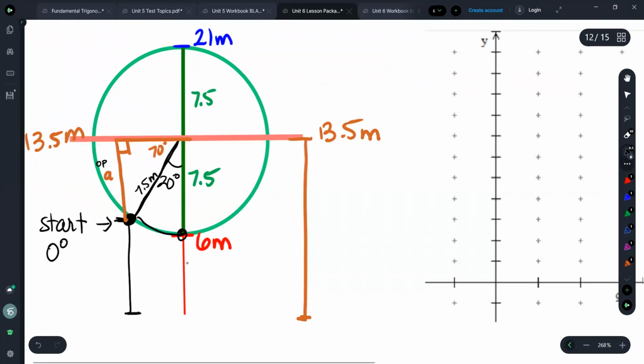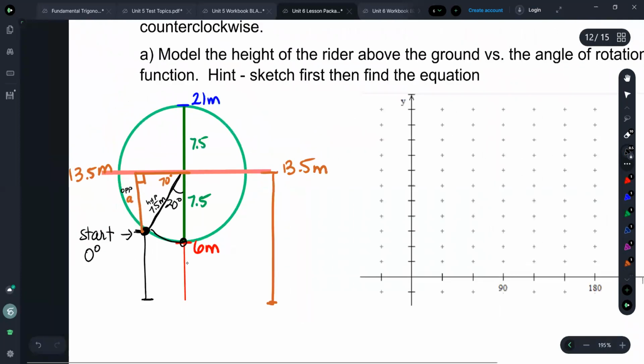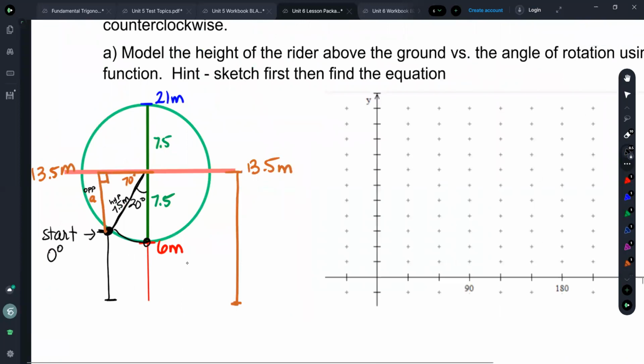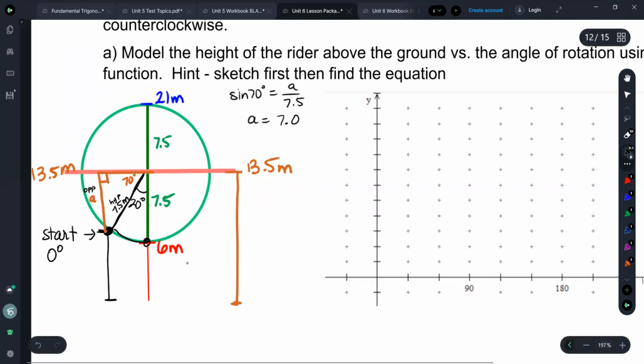I want opposite, and I have hypotenuse. Which trig ratio can you use? Okay, so let's use sine. Sine of 70 equals a over 7.5 hypotenuse. So just multiply by 7.5. We want opposite, and we have hypotenuse. Does it round to 0.5?